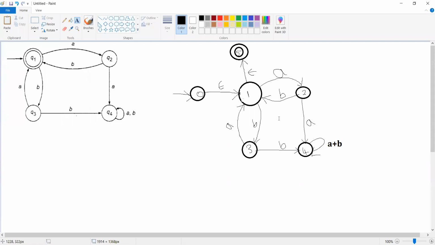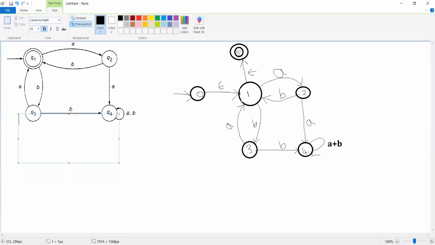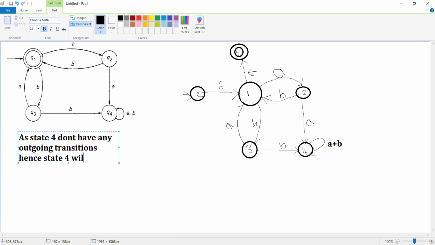So once we find the dead state, I am going to write one point: as state 4 doesn't have any outgoing transitions, hence state 4 will become a dead state.